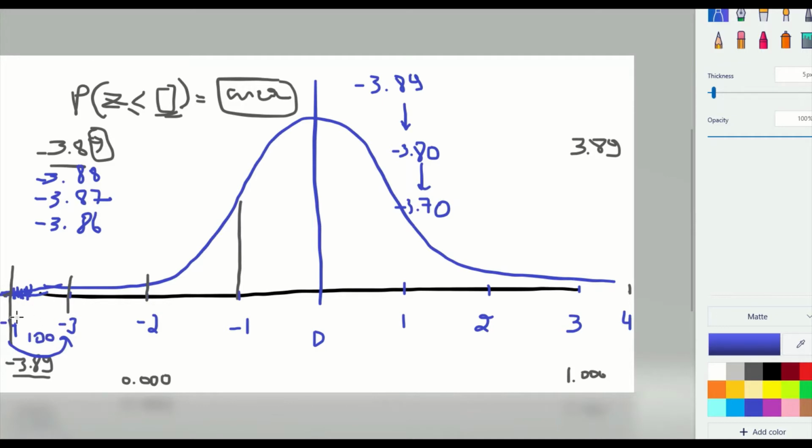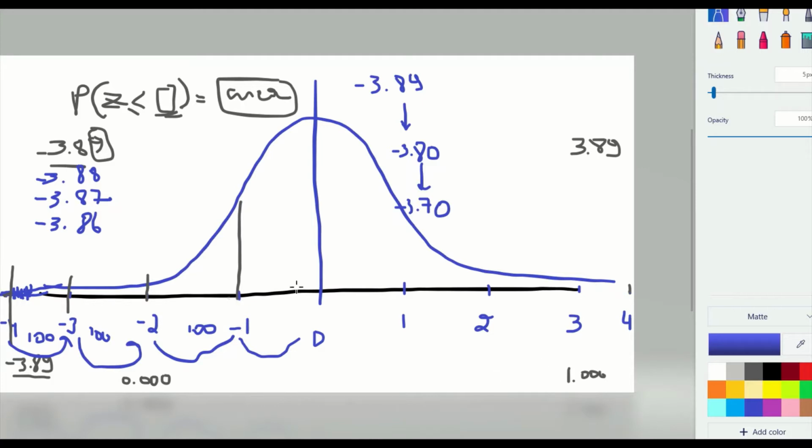And these are cumulative probabilities, and a cumulative probability actually includes the ones previous to it. Then going from negative 3 to negative 2, another 100 areas. From negative 2 to negative 1, again 100 areas. And from negative 1 to 0, another 100 areas. So you end up with 100, 200, 300, 400, 500, 600, 700, about 800 areas.